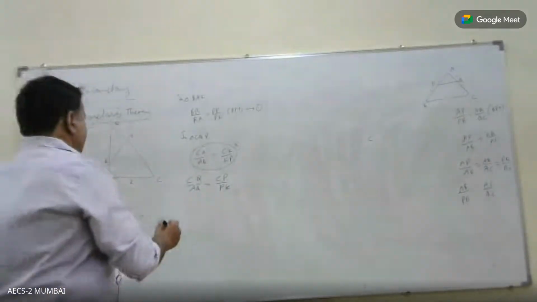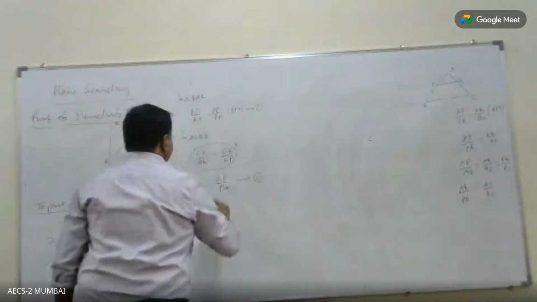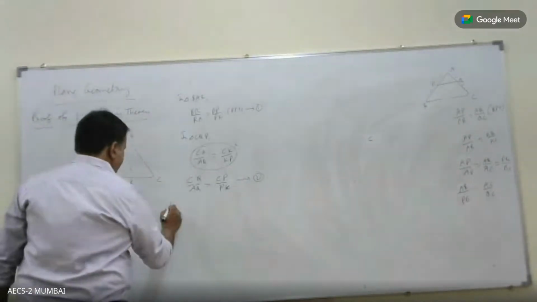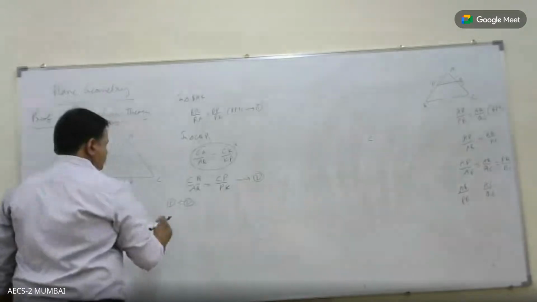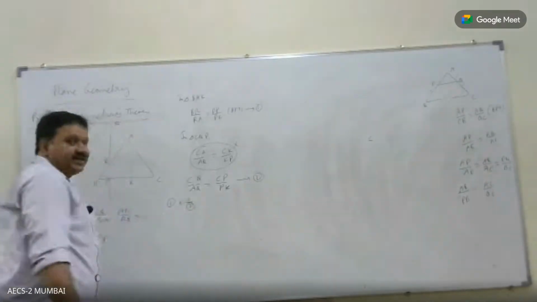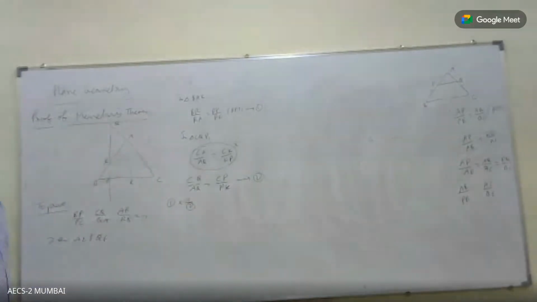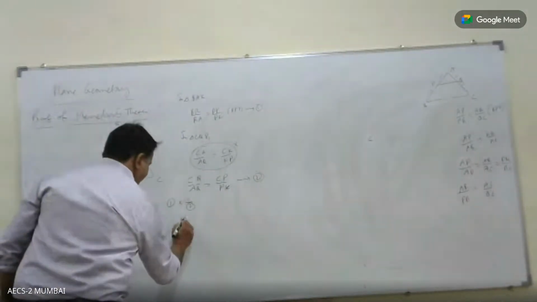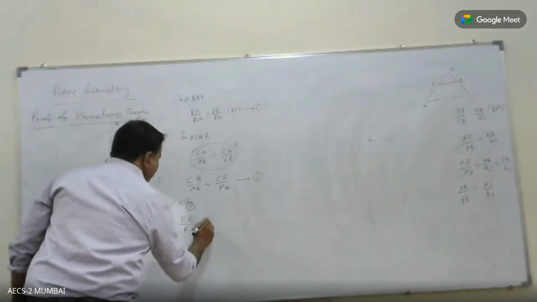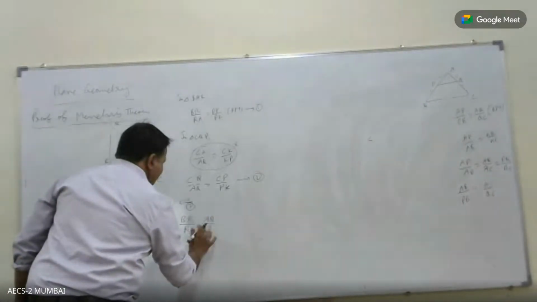Now, take it as 2. 1 divided by 2, or 1 multiplied by the reciprocal of this equation, will give me PR by RA multiplied by AQ by CQ.